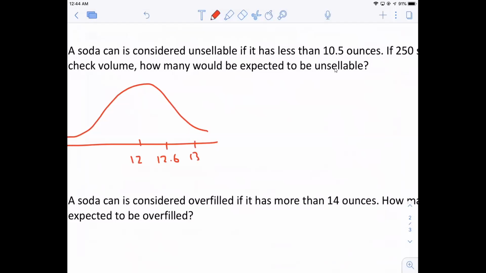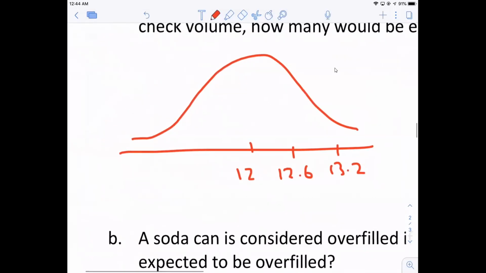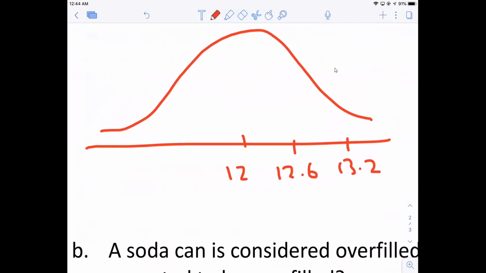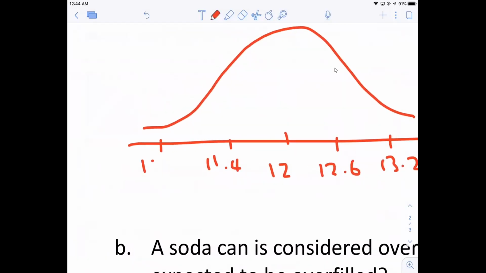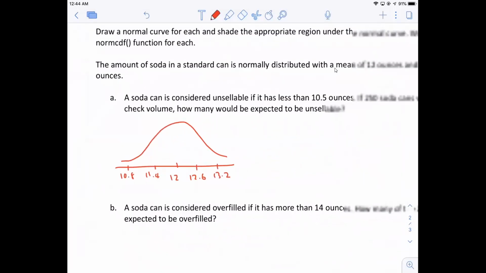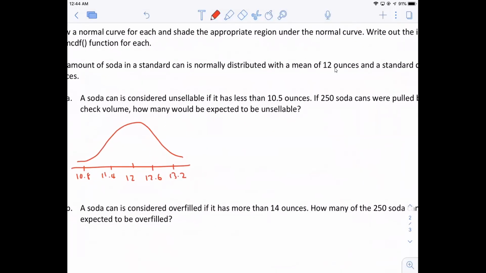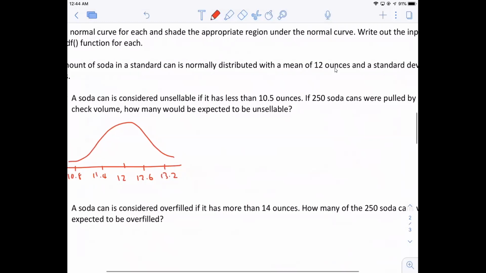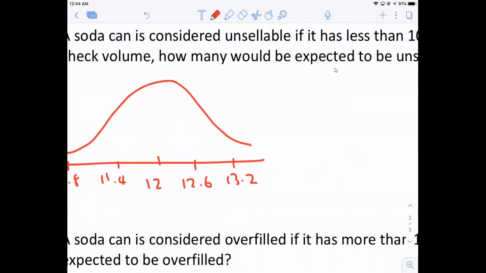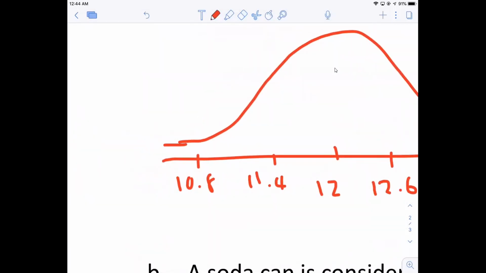Here is 2. Here is one standard deviation below, 11.4. Two standard deviations below, 10.8. So a soda can is considered unsellable if it has less than 10.5 ounces. So less than 10.5 ounces. It's going to be right there.